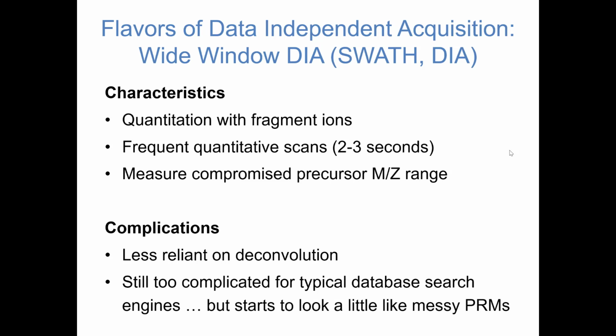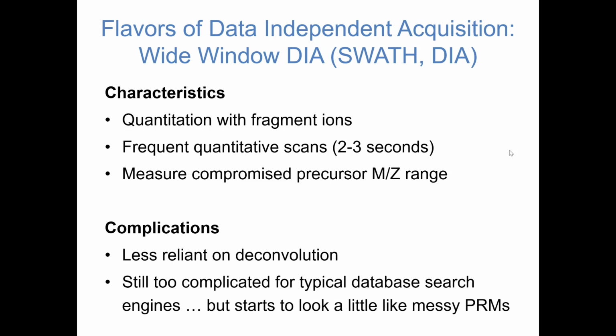So quantitation you could do with fragment ions. You got frequent enough scans to be able to draw the shape of the peak, so 2 or 3 seconds between each cycle time. And you would typically have to measure a somewhat compromised precursor isolation range.